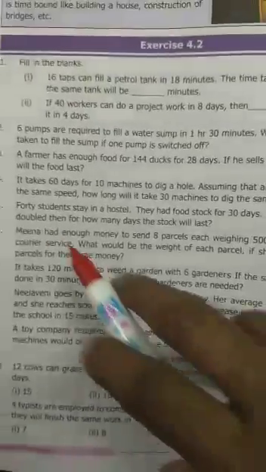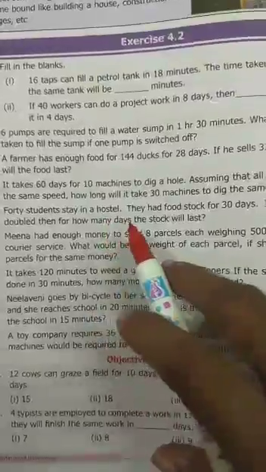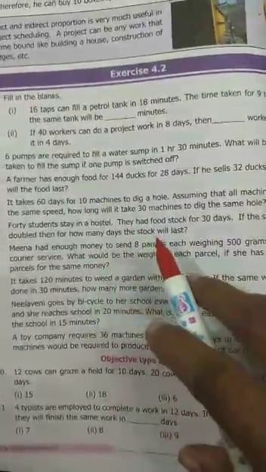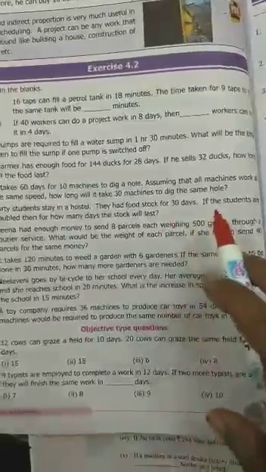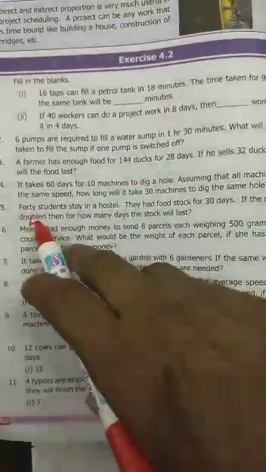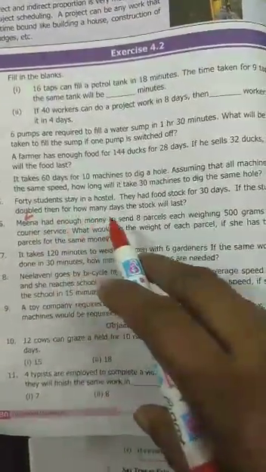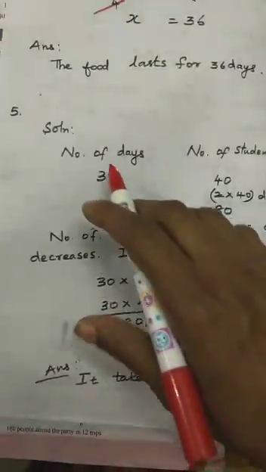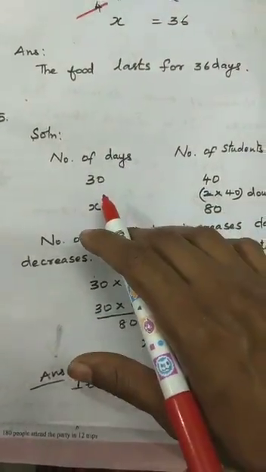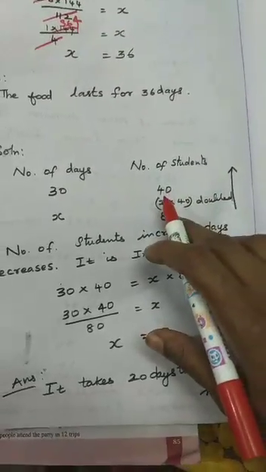Then the fifth problem. 40 students stay in a hostel. They had food stocked for 30 days. If the students are doubled, then for how many days will the stock last? Number of days 30, number of students 40.